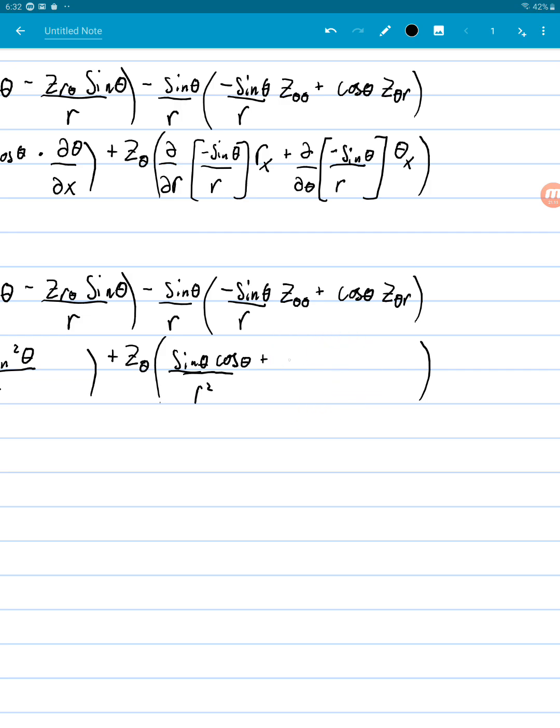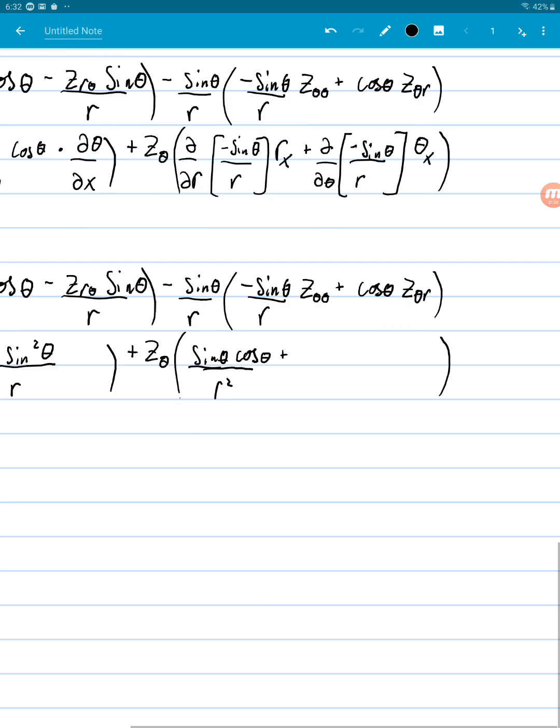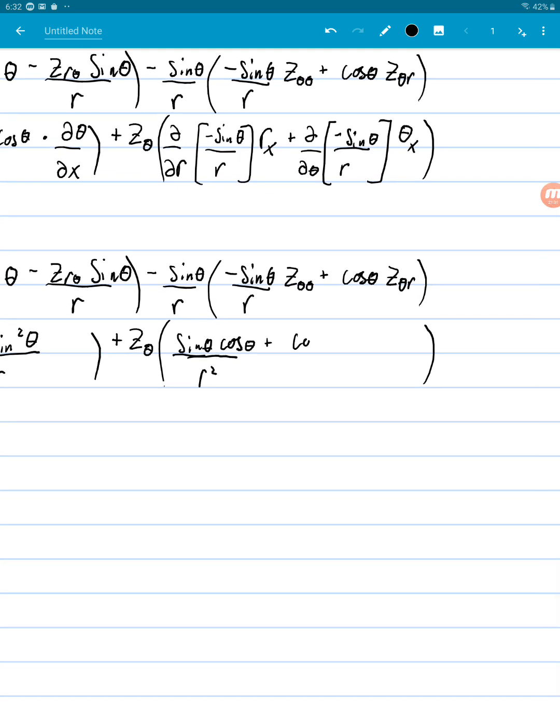So the negatives are going to cancel. That was cos that we had there. And theta x was negative sine theta over r. So we'll have positive cos theta sine theta over r here.